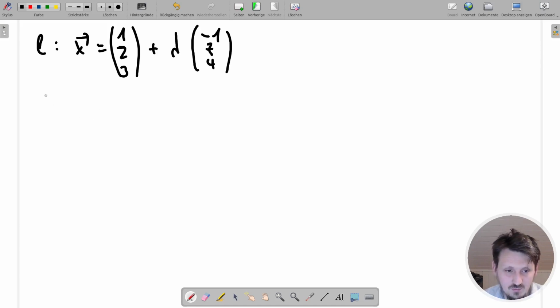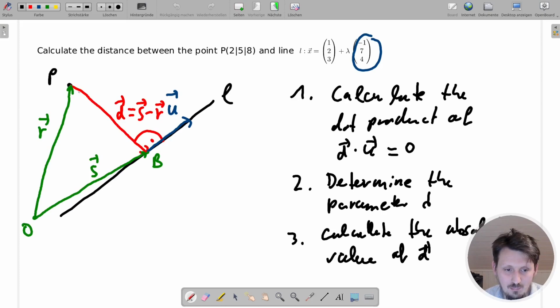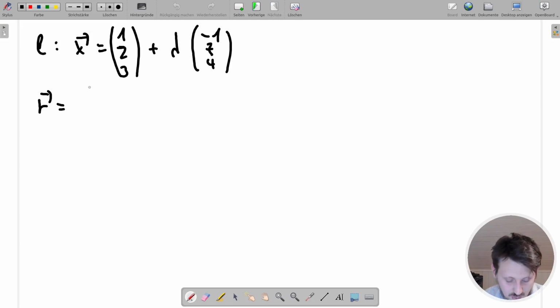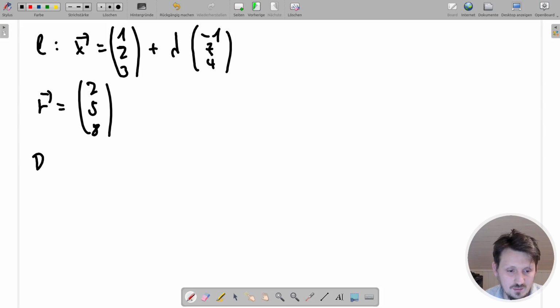And we also have given our point P, and we can directly convert this into our vector R, because as I said, this vector R points from the origin to P, which means that we can write directly here R equal to (2, 5, 8). Yeah, these were the x, y, and z coordinates of our point P. And now what we do is calculate this dot product D times U, and this, as I said, has to be 0.